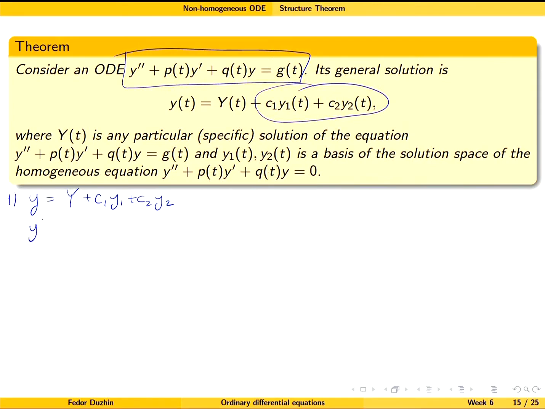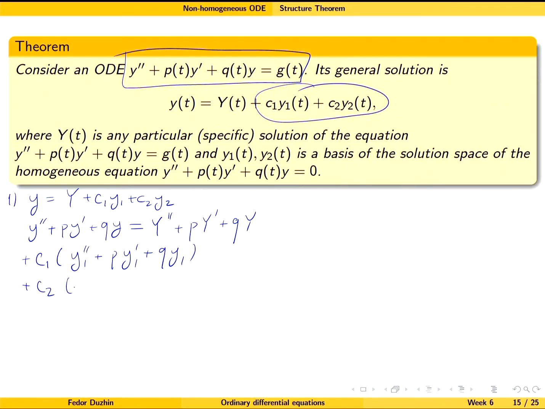Then y double prime plus p y prime plus q y equals y capital double prime plus p y capital prime plus q y capital, plus c1 times (y1 double prime plus p y1 prime plus q y1), plus c2 times (y2 double prime plus p y2 prime plus q y2).